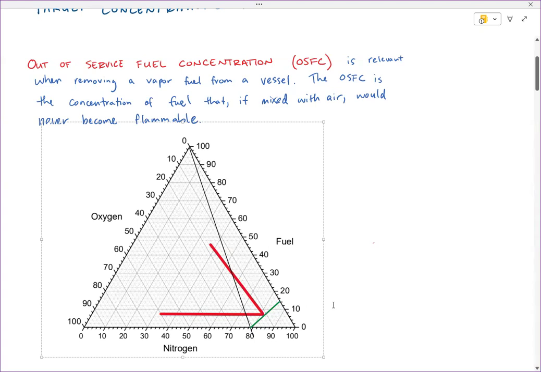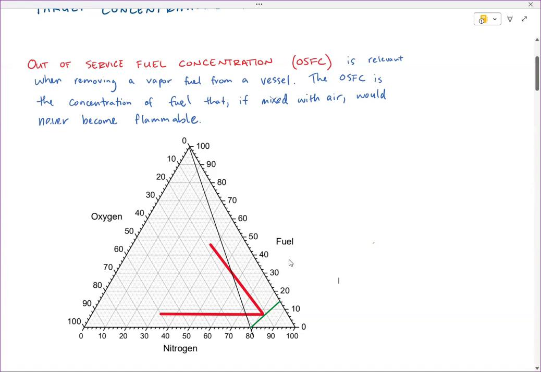So just generally, the way that you would find this on the graph is you would draw a line from the air point, 79% nitrogen, 21% oxygen, 0% fuel, to the tip of the nose, and then you would extend that line, and then you would read the fuel composition off the fuel line. That is what we call the out-of-service fuel concentration.